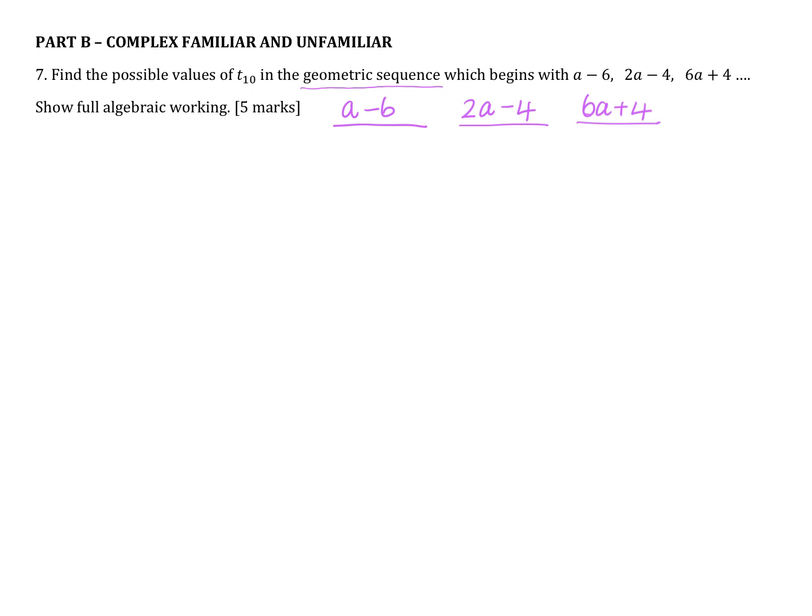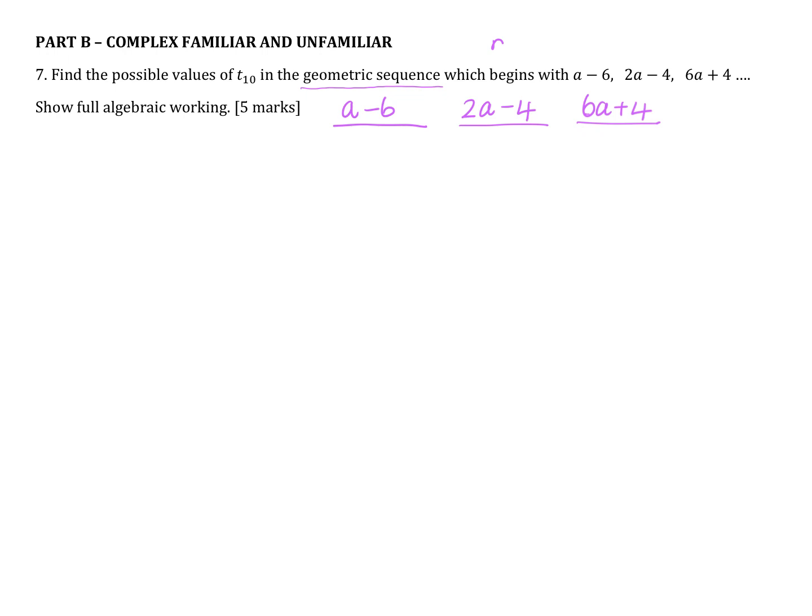Well, if it's a geometric sequence, we've got a common ratio between terms. Now, with the last one, when we had an arithmetic sequence, we said this one minus this one is equal to this one minus this one. This is geometric. So we've got this one divided by this one is equal to this one divided by that one.